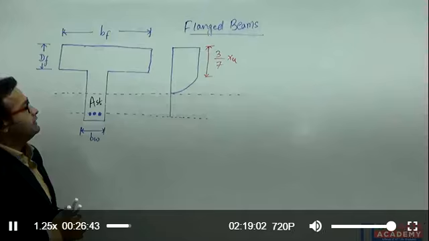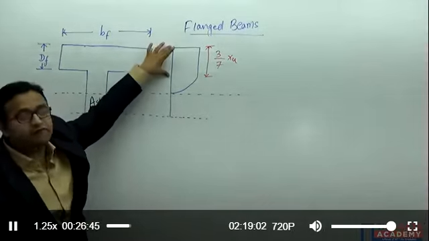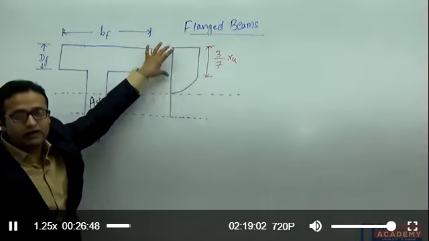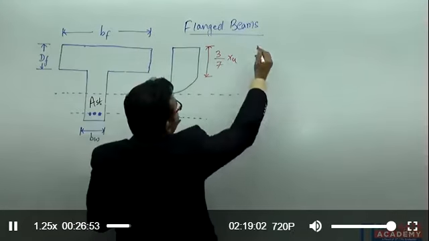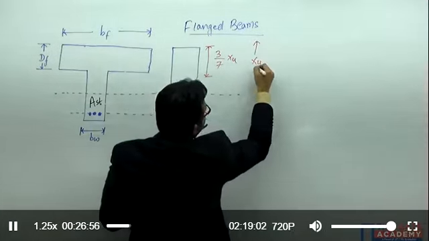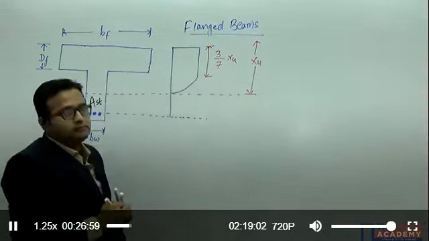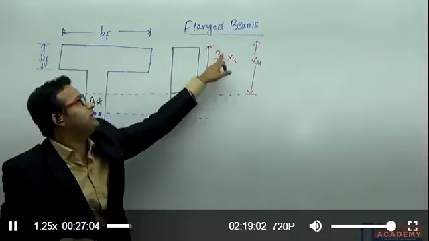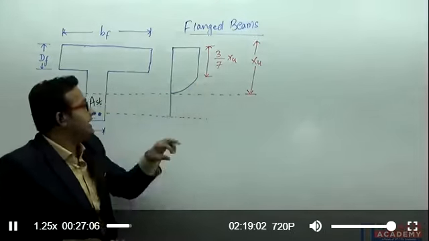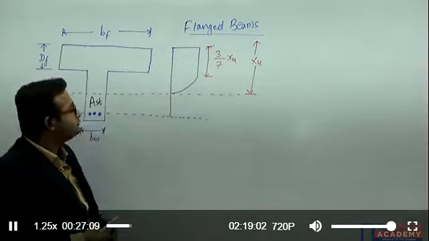Yesterday we derived that the depth of the rectangular stress block is 3/7 of xu. If this is the total depth of the neutral axis xu, the rectangular portion will be up to 3/7 of xu, and the remaining will be 4/7 of xu.